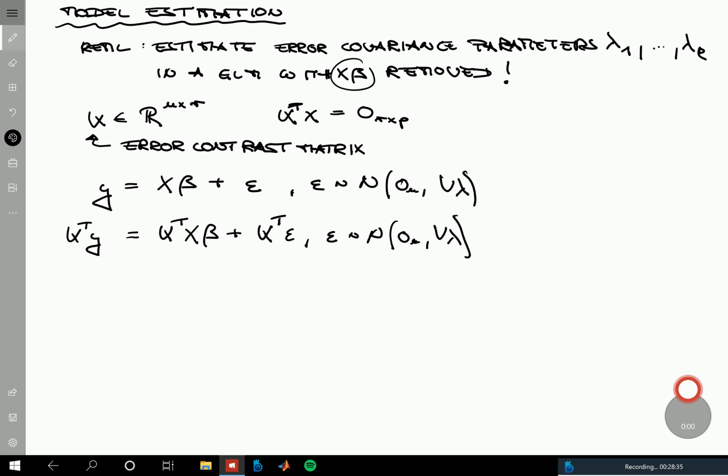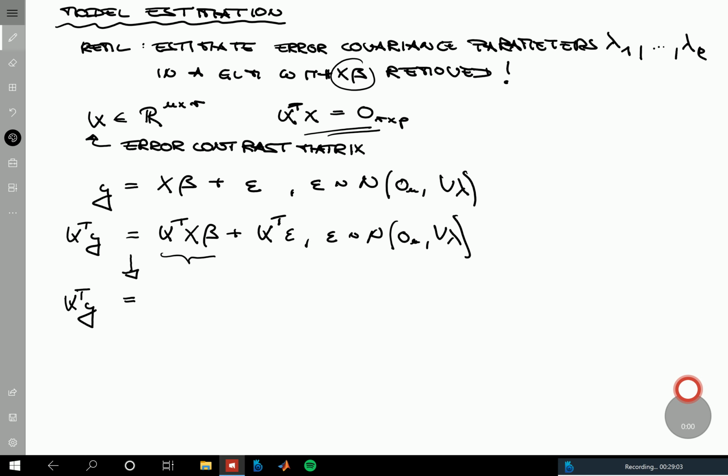If we apply this transformation, of course we cannot really say something about K^T y, but we can say something about this thing here, because K^T X is 0, so K^T X beta will be 0, an r times p matrix times beta, which is p times 1.